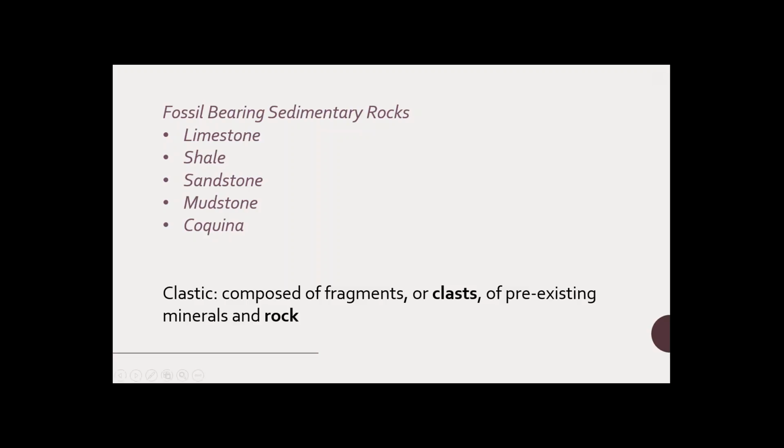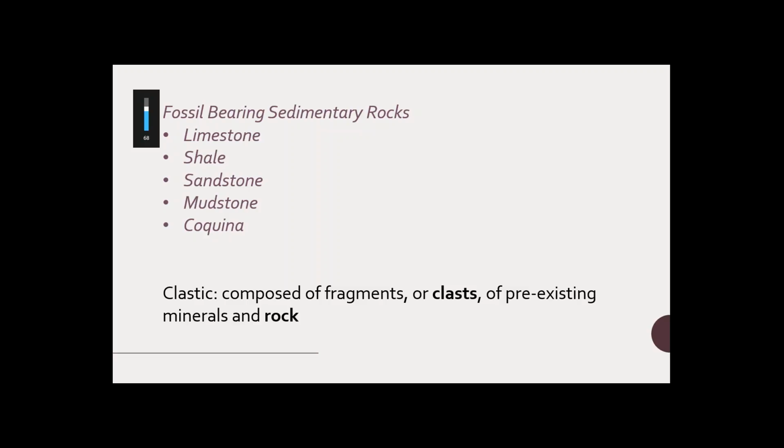So clastic sedimentary rocks are composed of fragments or clasts of pre-existing rocks or minerals. This means that usually we start off with igneous rocks that are, for example, on the top of a mountain or a hill, and as they get weathered, either through rain or through sunlight or animals, they get broken down into smaller pieces.